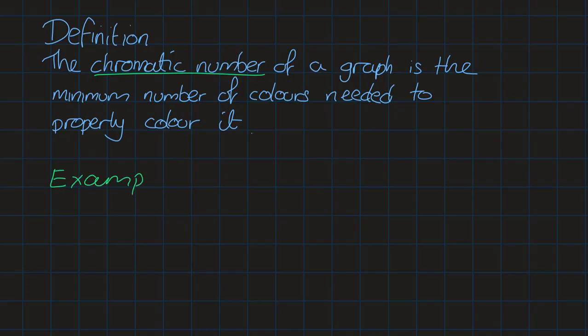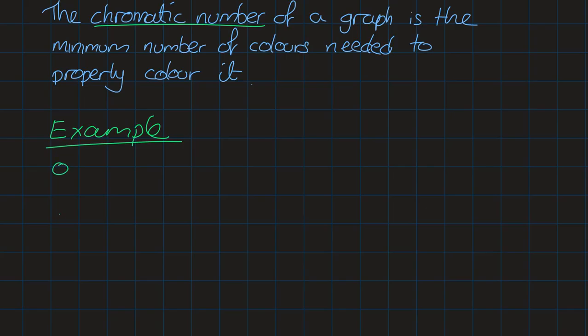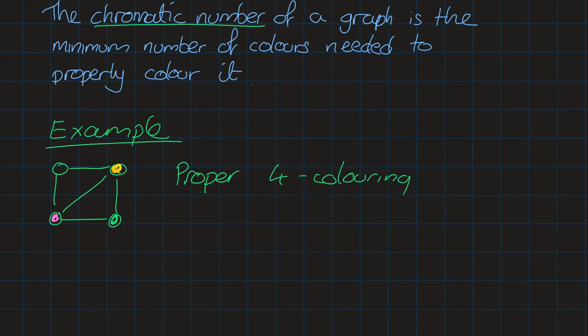So let's just do a really quick example. If I draw a graph which we looked at in the previous video, this graph right here. Well, I could colour this graph as follows. Okay, so I could colour it like this. This is a proper 4 colouring.